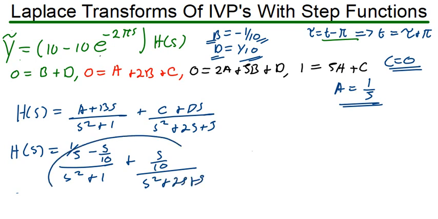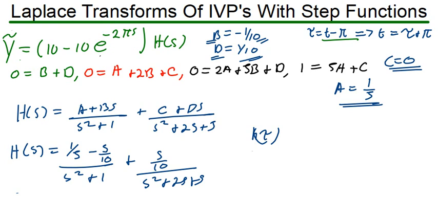From this stage, it is very easy for you to come up with your inverse, that is going to be your h of tau. Then you write your tau in terms of your t, but remember you're multiplying this by the unit step function. You have to be careful as well to make sure you shift it.